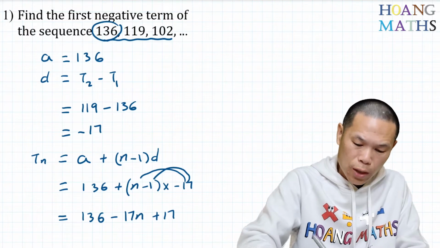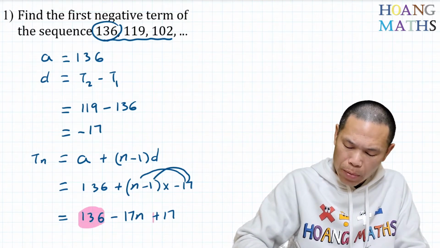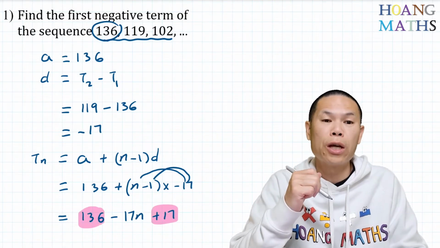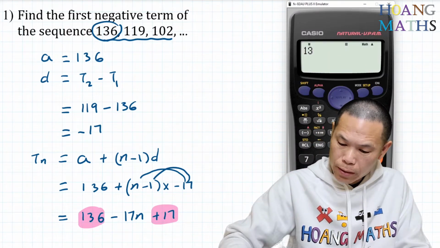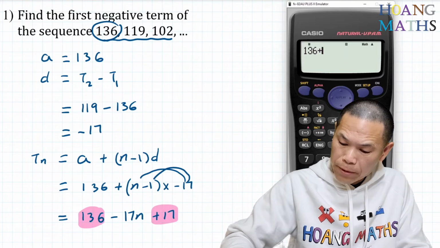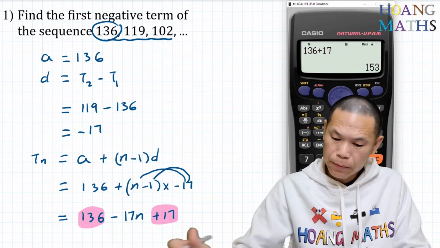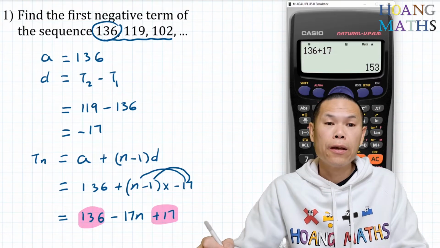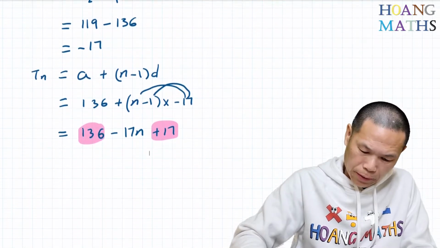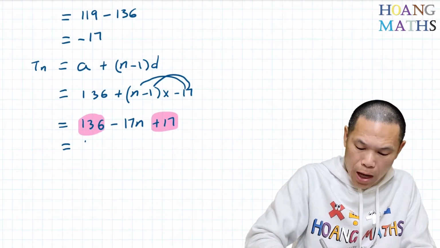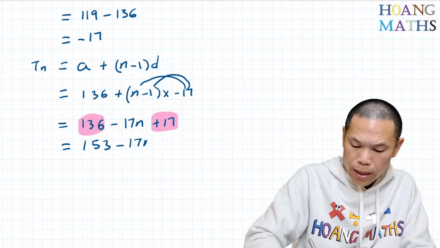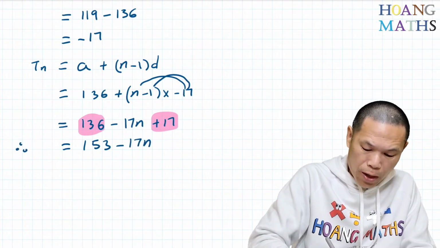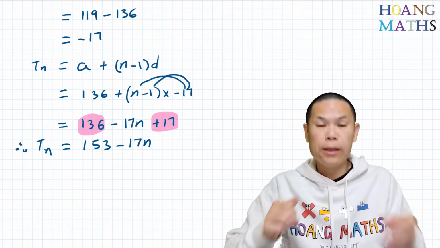I simplify this by adding these two numbers together: 136 plus 17 is 153. So T of n is equal to 153 minus 17n.